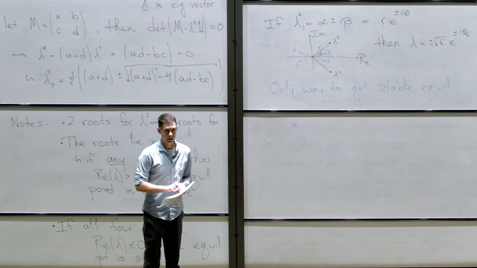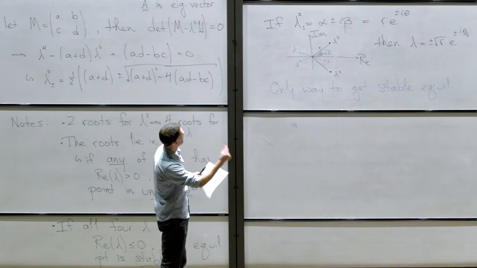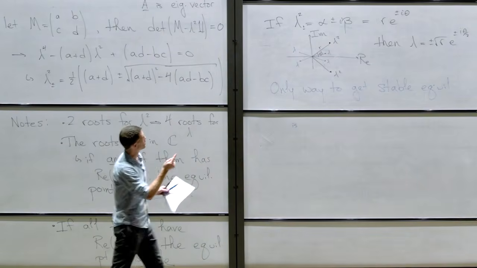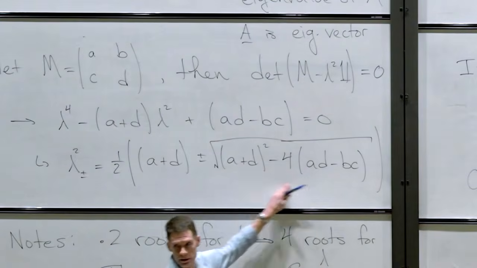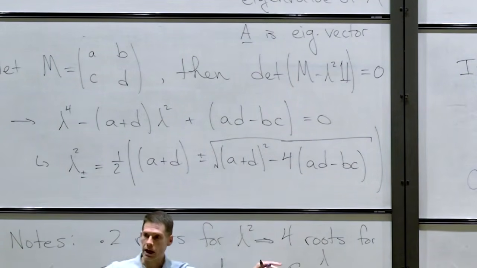If beta is 0, then this square root is positive, which means my lambda squareds are both real, lying on the real axis.